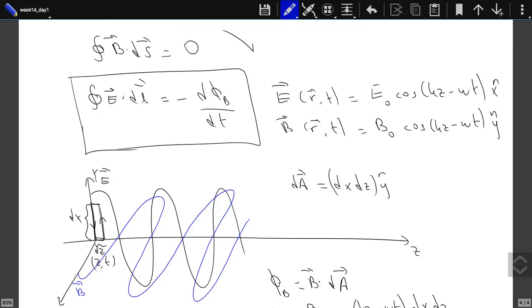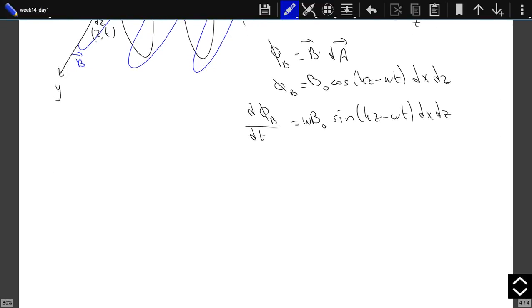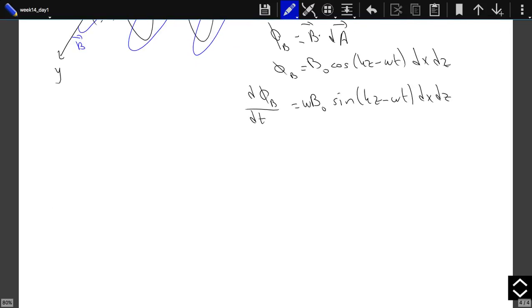Now let's come to the left-hand side. In that region, let me just plot it again. This is my ring. Let's say this is at the point z, and this is at the point z plus dz. The electric field lines are upward.